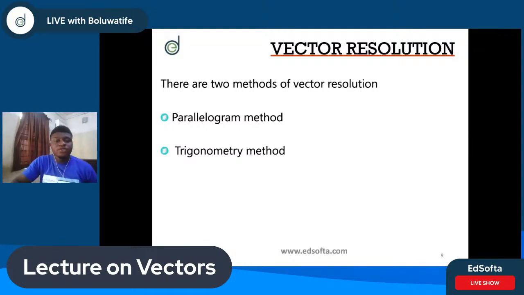Okay, so moving on. Now there are two methods of vector resolution: the parallelogram method and the trigonometric method.